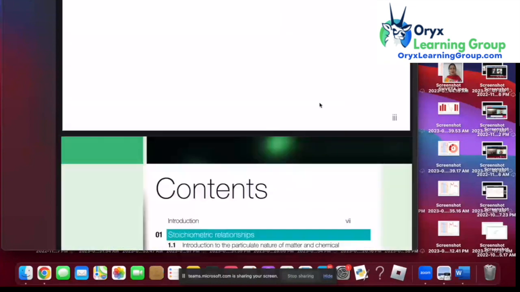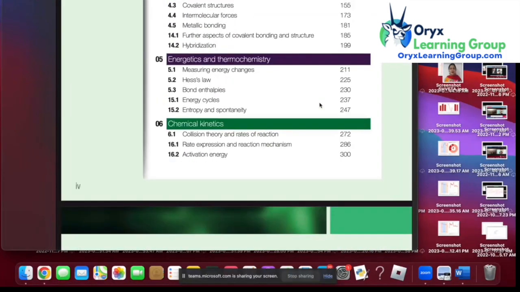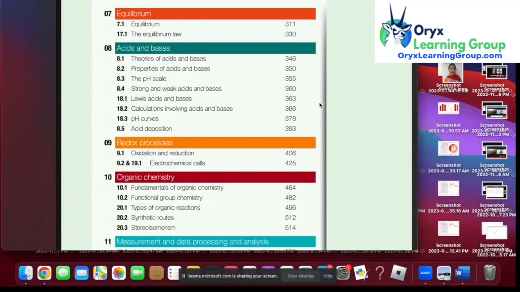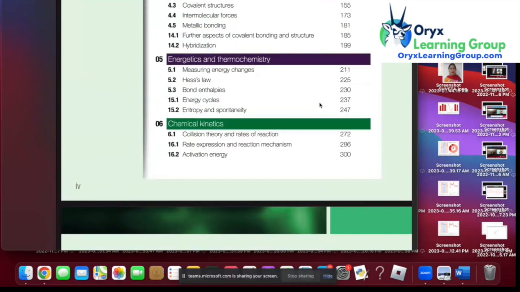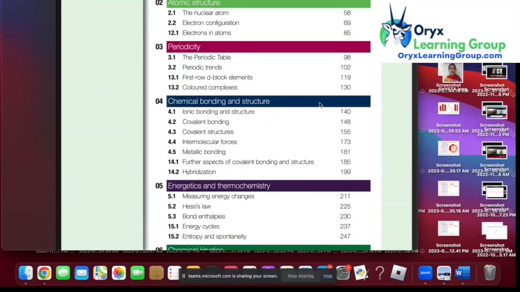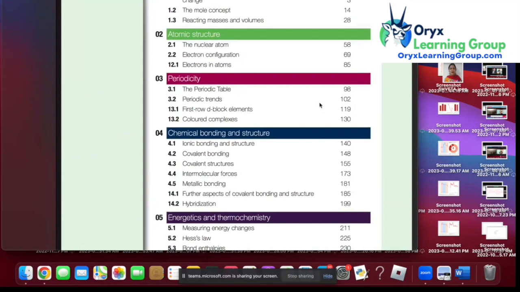Let me just quickly go through the page numbers.